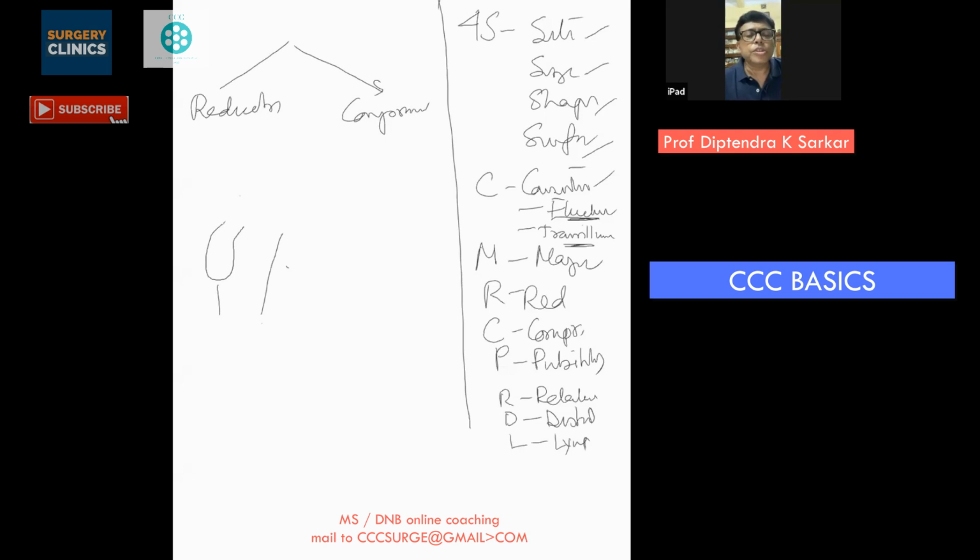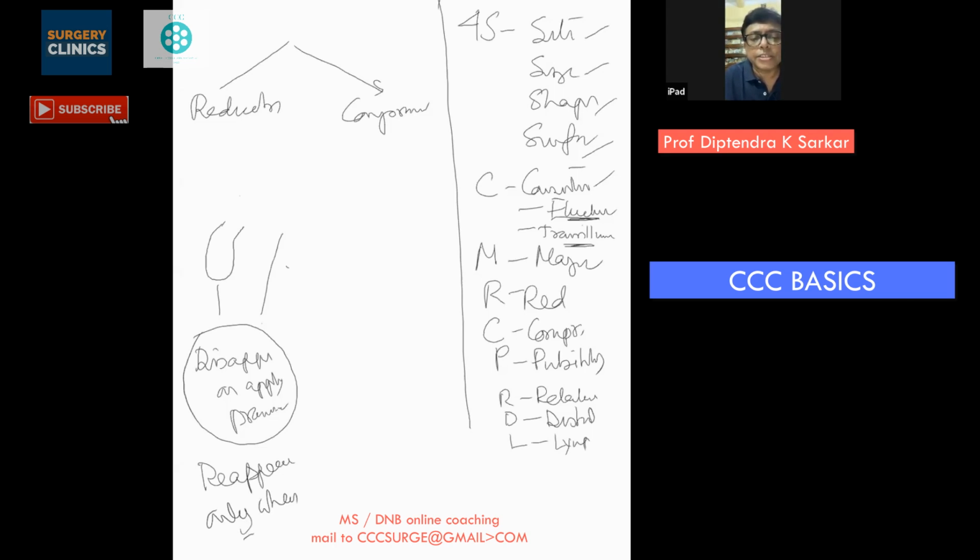Now, a reducible swelling is one which disappears on applying pressure, or on lying down. It can disappear spontaneously. Clear? So it disappears on lying down or on application of pressure, but reappears only when somebody strains.